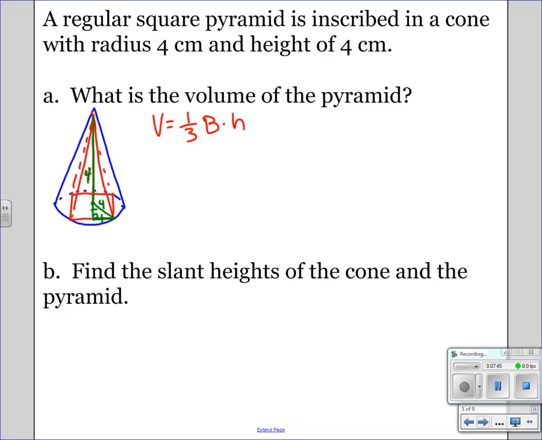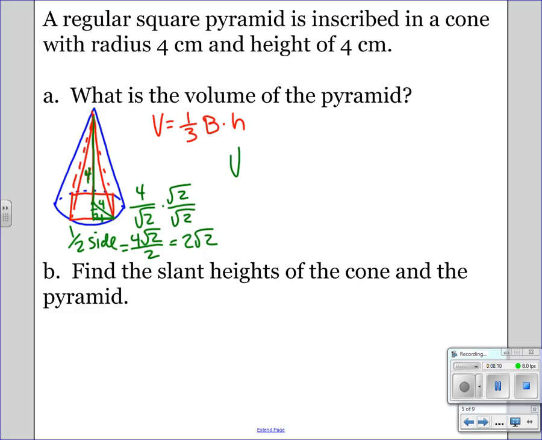So half the square is 4 over root 2. So I simplify my denominator. So this is half the side. So the entire side is going to be 4 root 2.